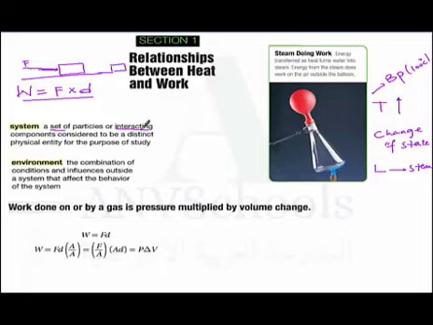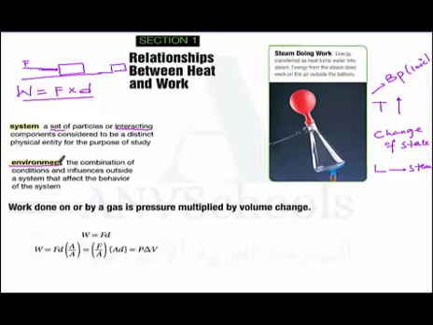And the external condition is called the environment. So the next term that you have to know is the meaning of environment. Environment is defined as the combination of conditions and influences outside the system. The gas particles outside the system, the air outside the system, can be considered as an environment.